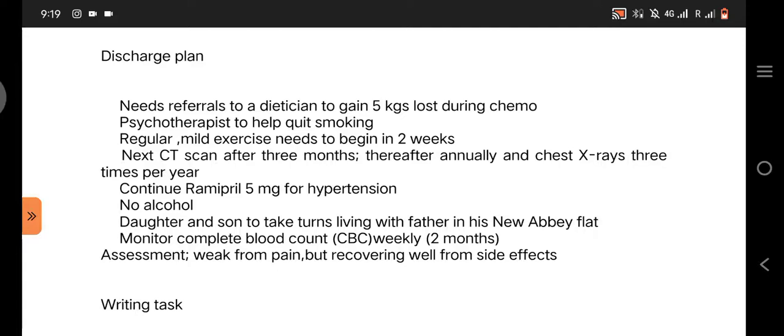Then I write it paragraph-wise: in the introduction I plan what to write, then the first paragraph presenting complaints, the second paragraph past medical and social history, and the last paragraph what the reader is supposed to do, the recommendation paragraph. So this is how you need to analyze the case note and plan how you are going to write a letter. I hope this video was useful for everyone who is preparing for OET.